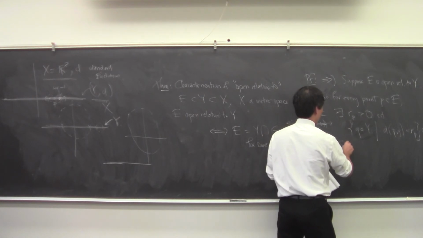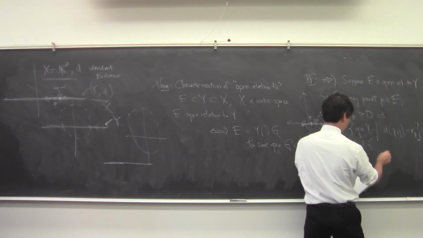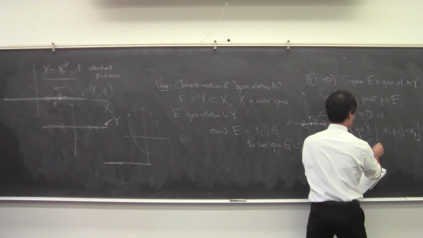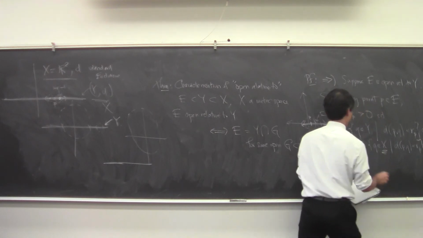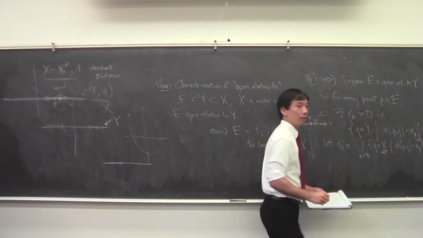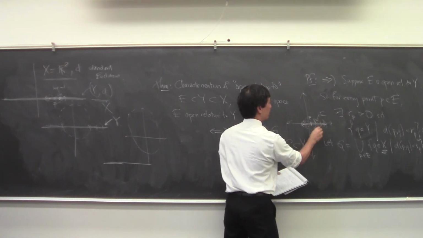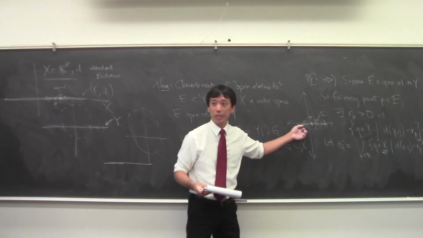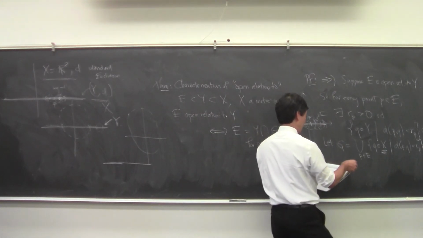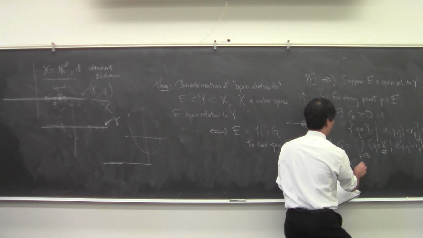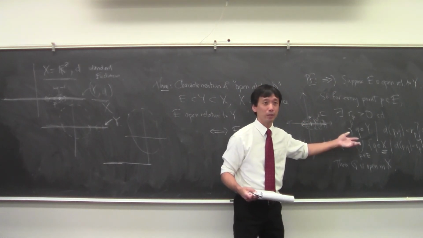Let G then be the union of the sets of Q in X such that the distance from P to Q is less than R sub P, taking the union over all P in E. You take all these bubbles, and the union of those bubbles is G. Then G is open in X, because it's a union of open sets, a union of neighborhoods.